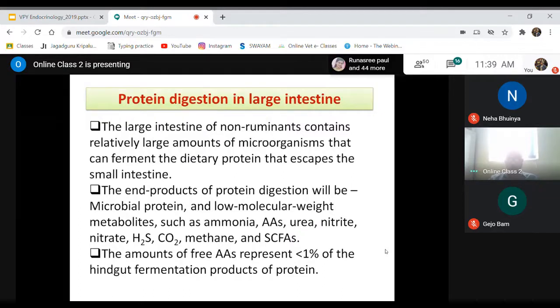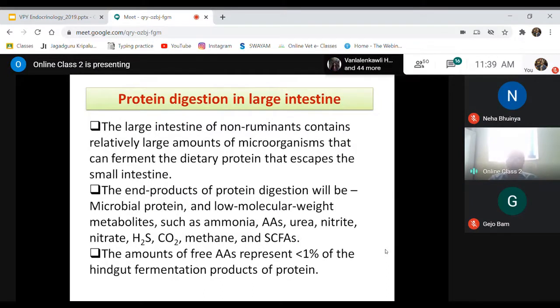Digestion of protein by the microbes or bacteria present in the large intestine will result in production of amino acids as well as ammonia gas. This amino acid and ammonia gas may be utilized by the bacteria or microbes for synthesizing their own body protein. And some ammonia or amino acid may also go to other parts of the large intestine.